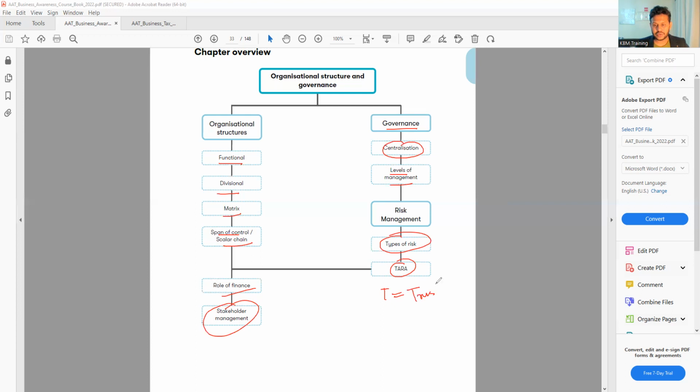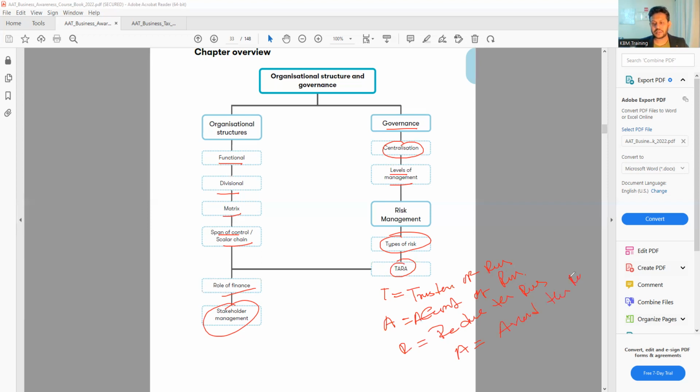A represents accept the risk. Then R represents reduce the risk. And finally, A represents avoid the risk.